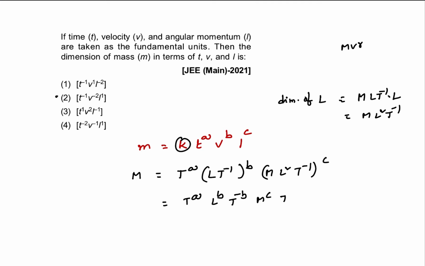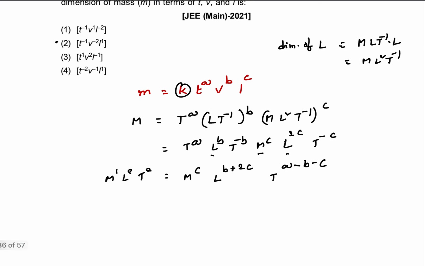So you can write T power a, L power b, T power minus b, M power c, L power 2c, T power minus c. From this, collecting M, L and T terms: M power c, L power b plus 2c, T power a minus b minus c. Left side is M power 1, L power 0, T power 0.